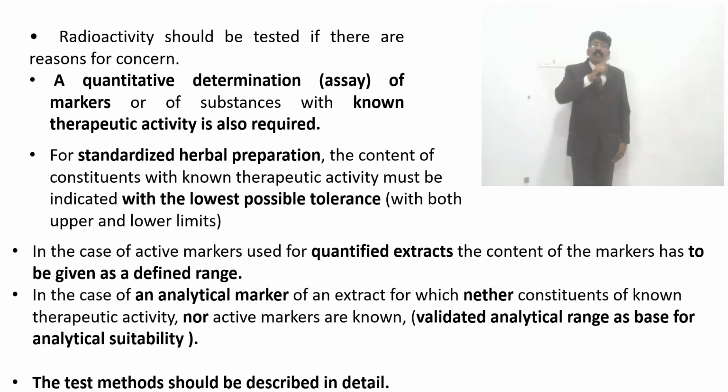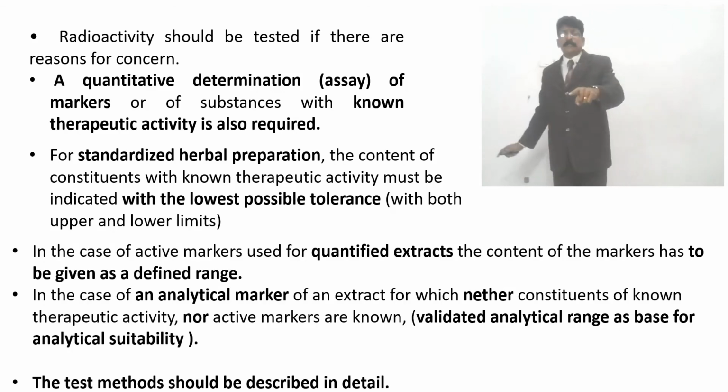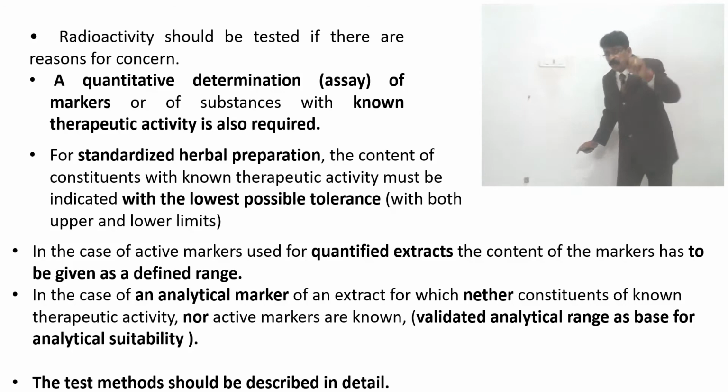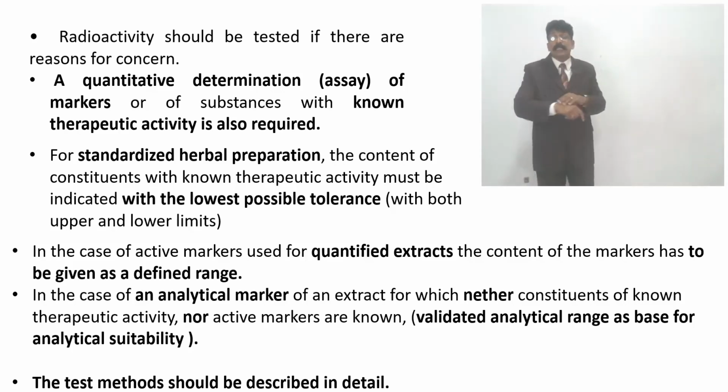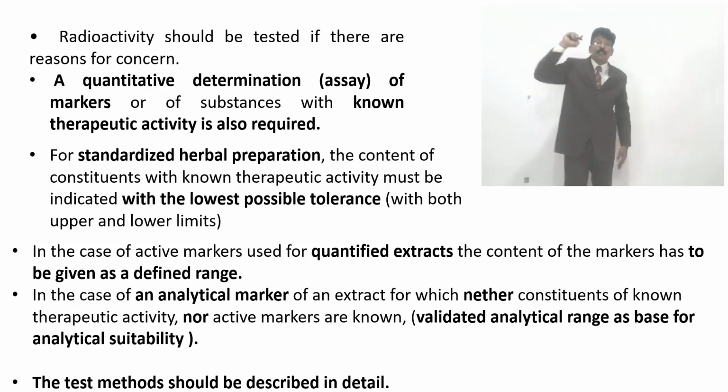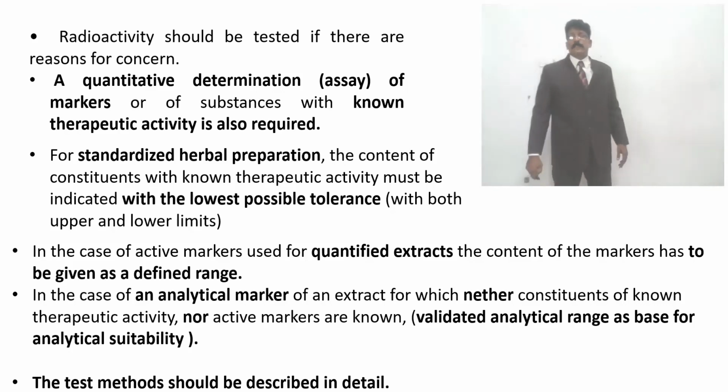So in the case of active markers, active principles, or active constituents, in a quantified extract the content of the marker has to be given as a defined range. Those are the examples we have seen before, a defined range.